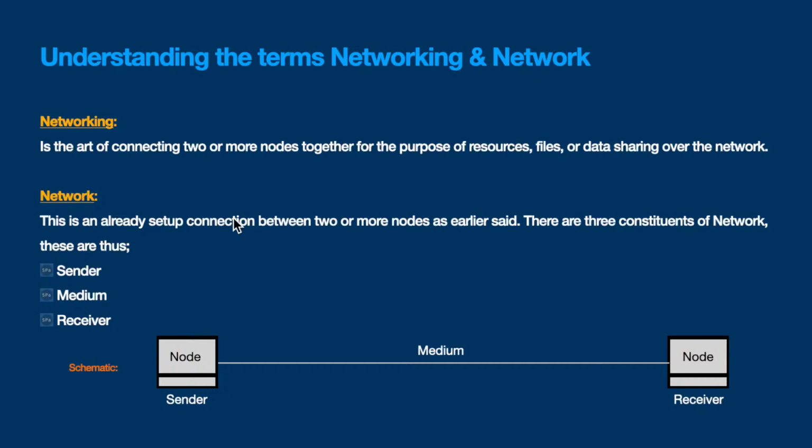Networking has three parts. For you to share data from one source to the other, there must be a connection between those entities, I mean those nodes, two or more nodes.